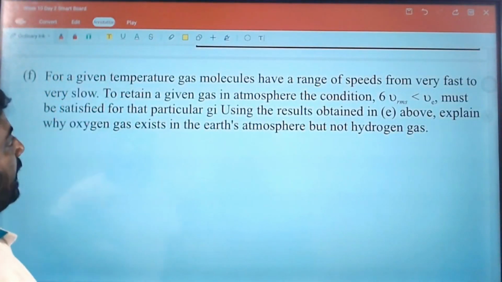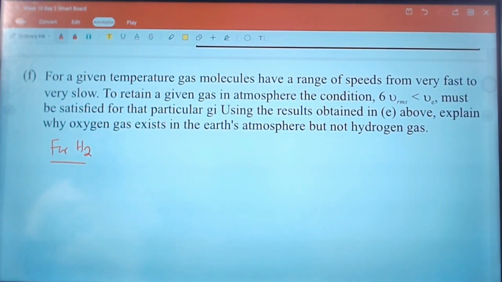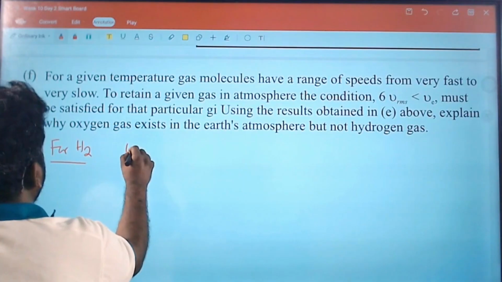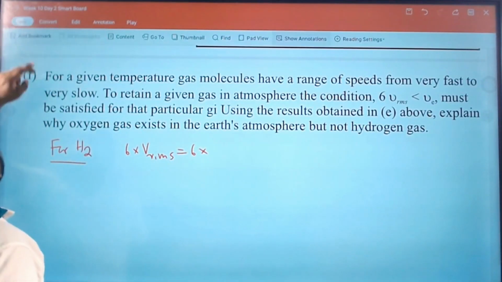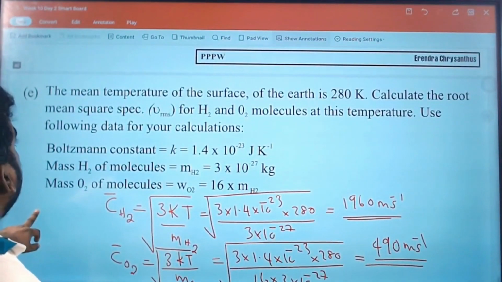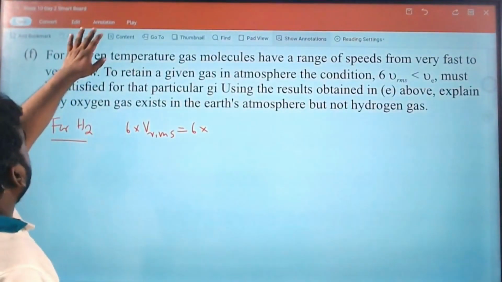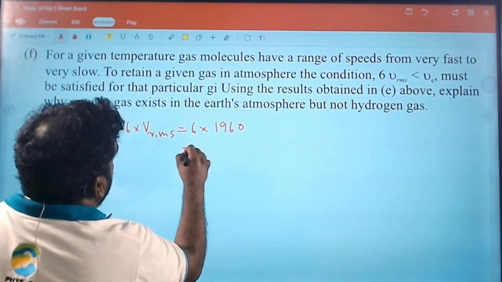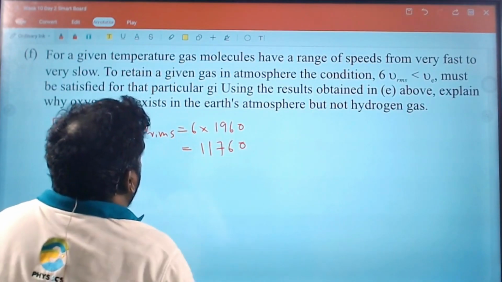For a given temperature, a gas must have a range of speeds. To retain a given gas in the atmosphere, the escape velocity should be greater than 6 times v rms. So for hydrogen, 6 times v rms is 6 times 1960, which is 11,760.